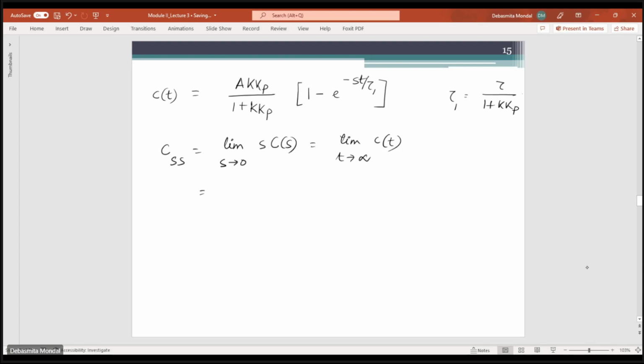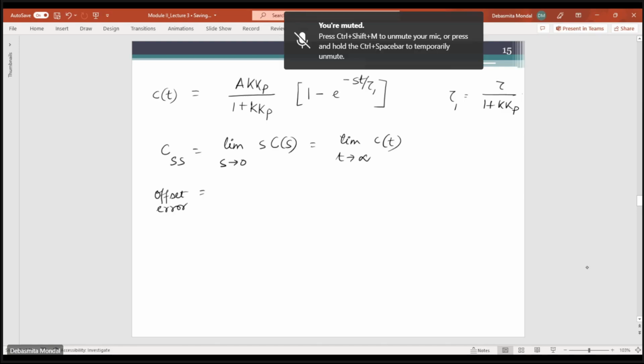So the offset error will be the difference between the set point minus the steady state output.